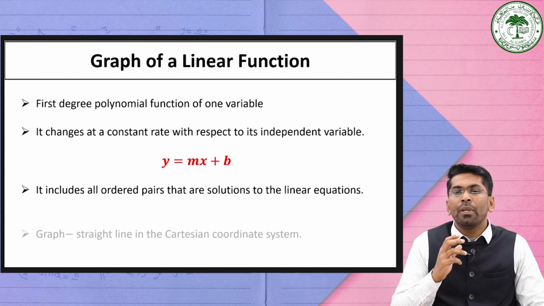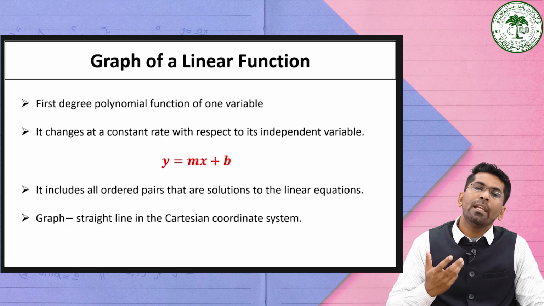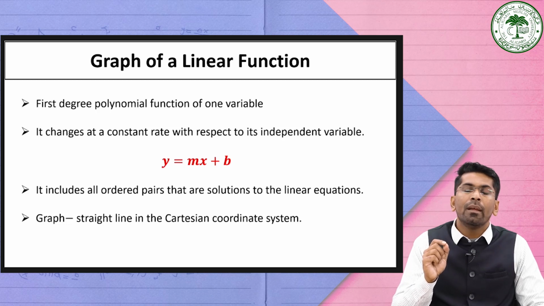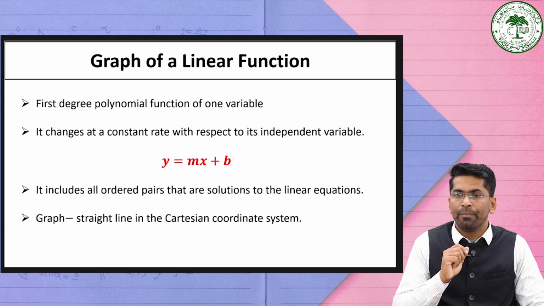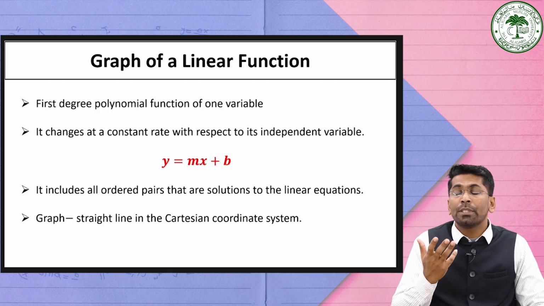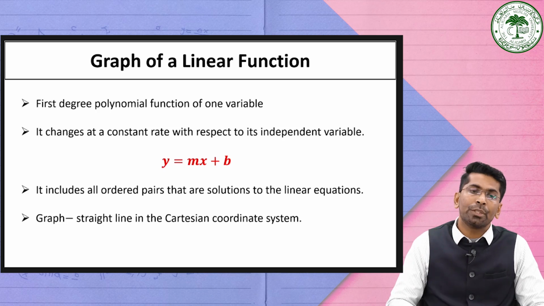One of the special features of a linear function or linear equation is that we will get a straight line. Once we go for plotting the linear function, we will get a straight line on the Cartesian coordinate system. That is the most important special feature of this particular function.